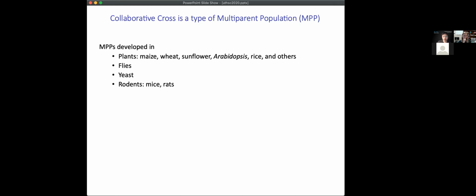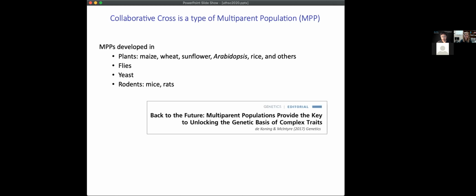And that's what they did. So there's a whole set of different populations in different model organisms, and they come under the heading of multi-parent populations. That's the generic name.